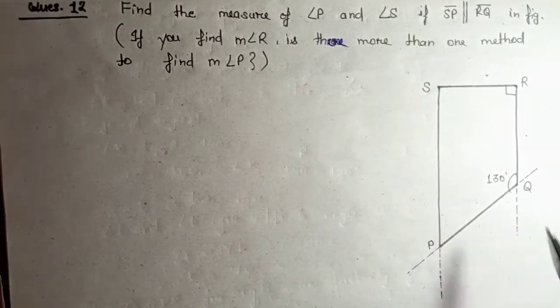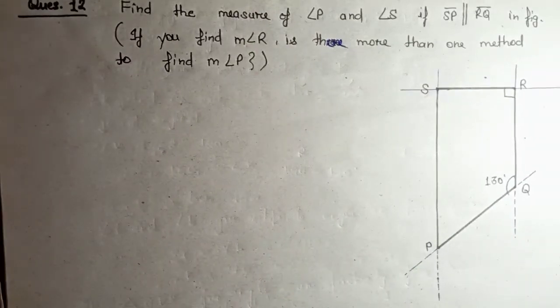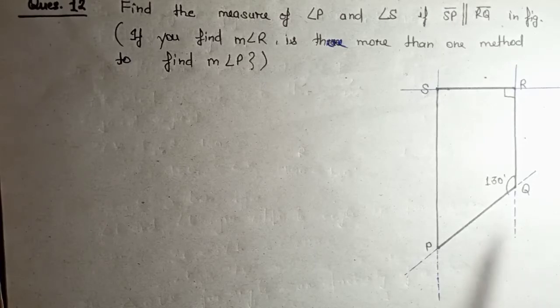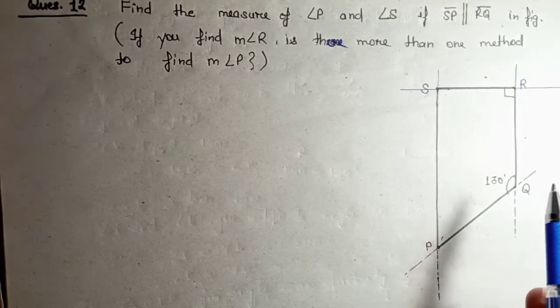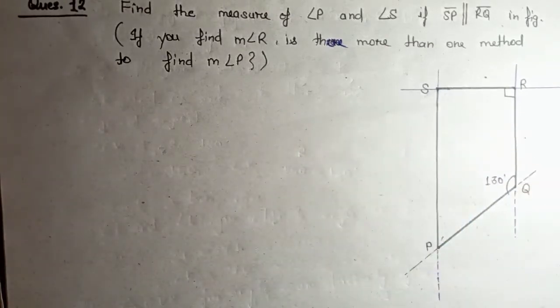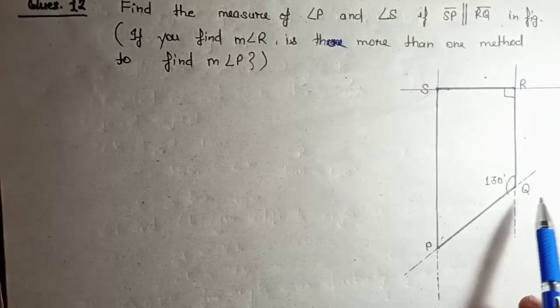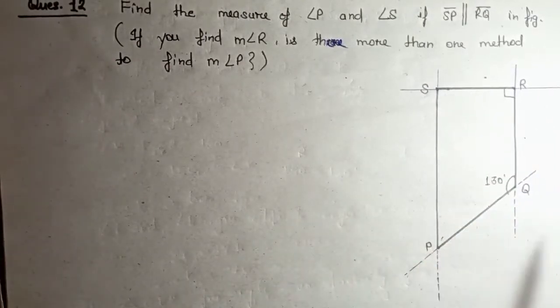See, these two line segments are parallel, so extend them. Here we have to find the value of angle P and S. This is a trapezium, you can see, because these two are the pair of parallel lines and these are the non-parallel lines. So this is a trapezium.